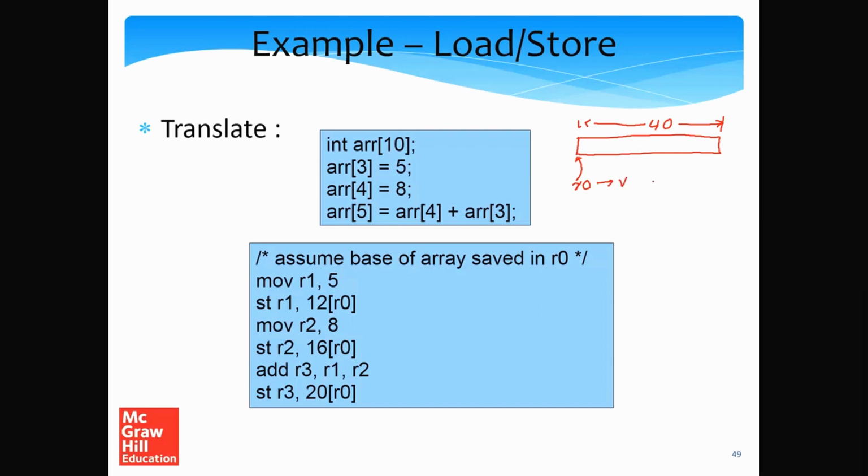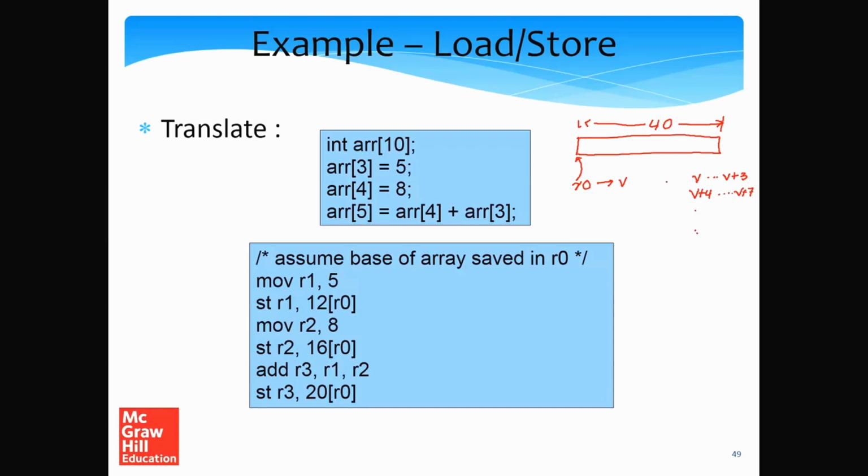So the first integer is stored in the locations V to V plus 3. The second integer is stored in the locations V plus 4 to V plus 7, and so on.